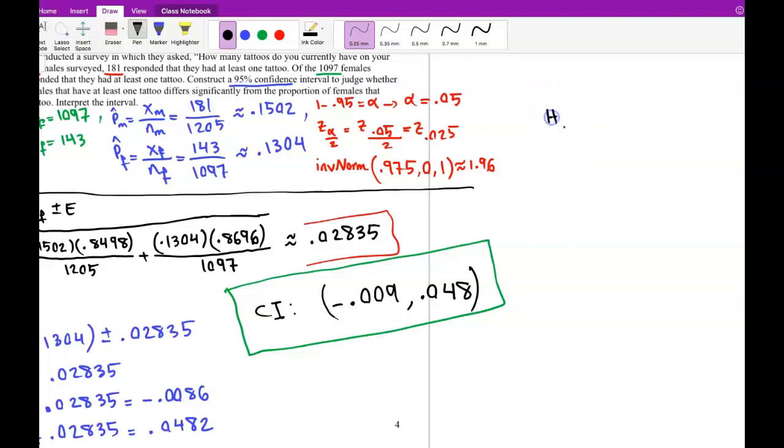So we had the null: males equal to females, and H1 is not equal to.